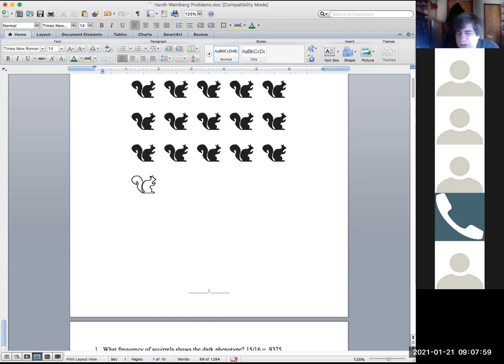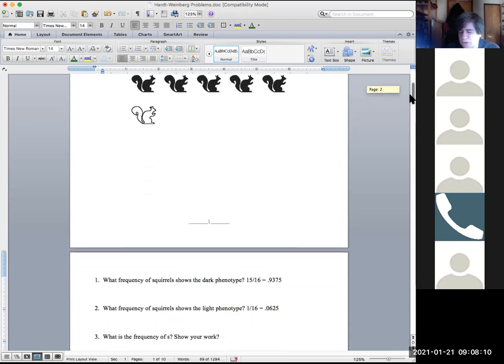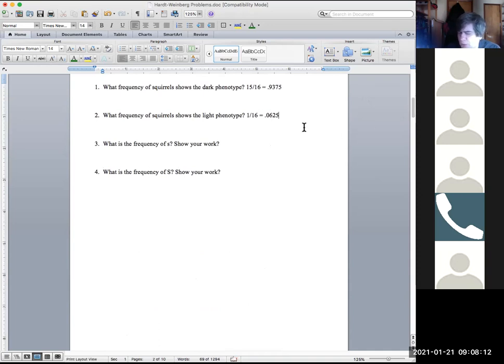Remember what we said the other day. When we look at frequencies, the frequencies always have to add up to 1. So here there's only 2 possibilities. We have dark-colored squirrels, we have light-colored squirrels. So we could just take 1 and divide by 16, but there's another way we could do this.